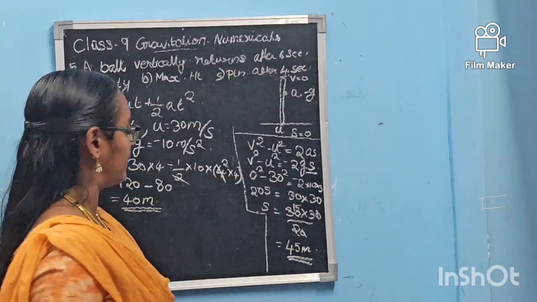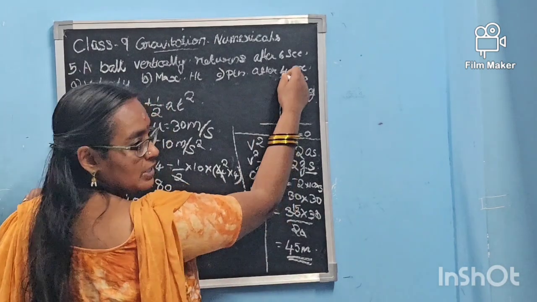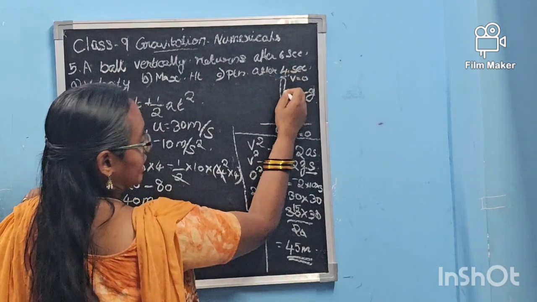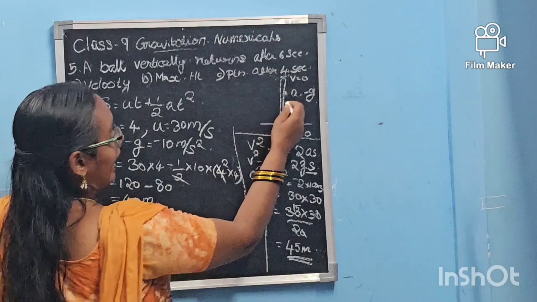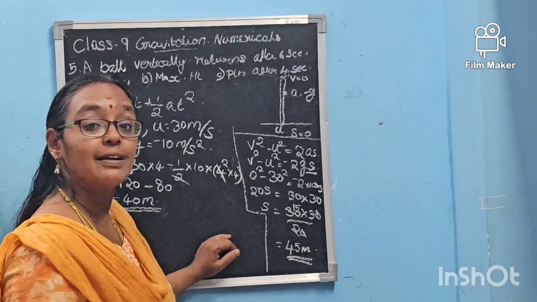What are we understanding from it? We are getting the answer as 40 meter. Means maximum height is 45 meter and in the 4th second the ball is returning back and reaching the height of 40 meter. I think the problem is clear for you.